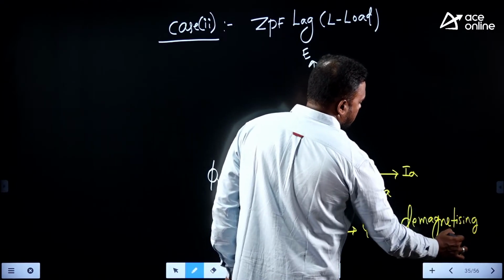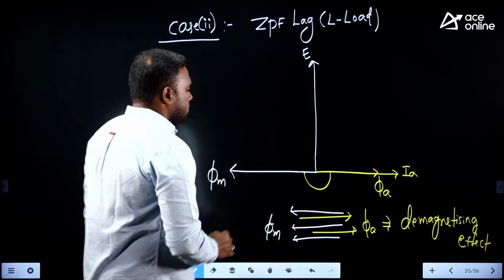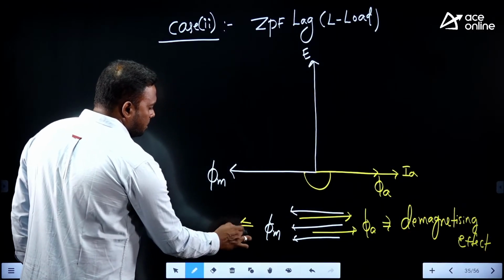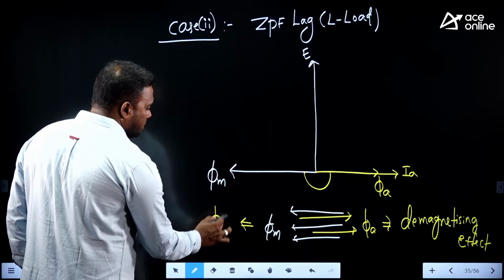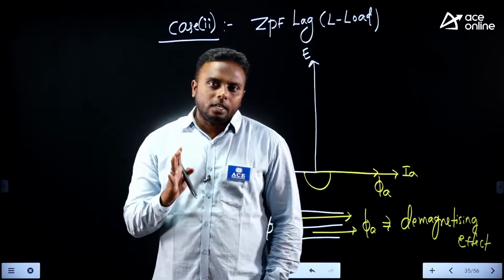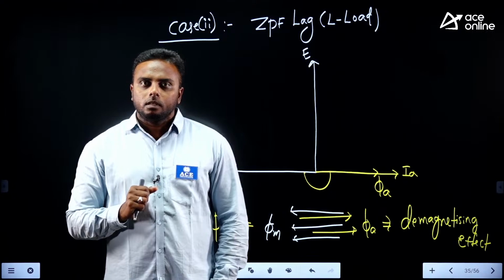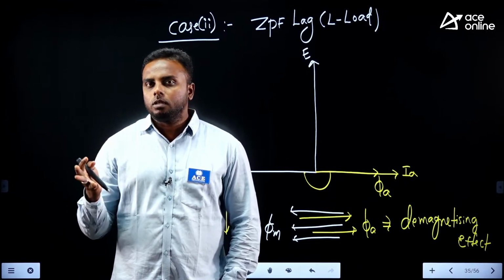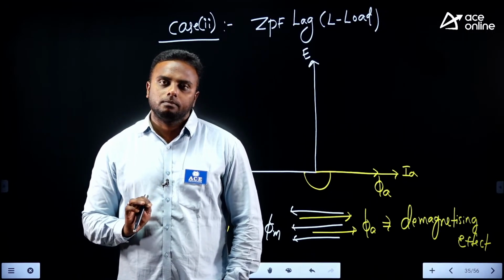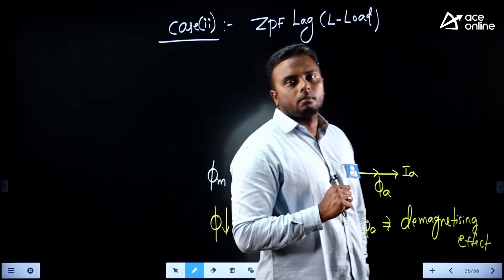Demagnetizing effect it is. Now what is the problem of demagnetizing? Because of this demagnetizing, the overall flux in the machine decreases, or flux in the alternator decreases. Whenever flux decreases, what is the problem in a generator? EMF decreases, and the problem in a motor is that torque will decrease. So some parameter definitely will be affected due to this reaction.